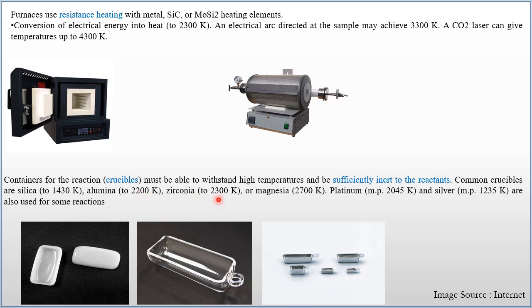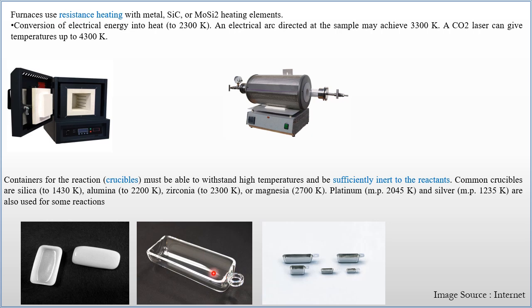Zirconia is 2300 Kelvin, and platinum is stable at 2045 Kelvin. Silver melts at 1235 Kelvin, but if you are reacting your material at a lower temperature, the silver boat is also quite useful.